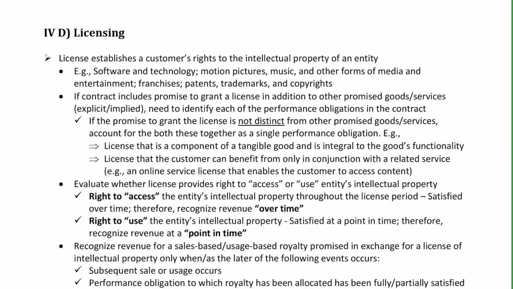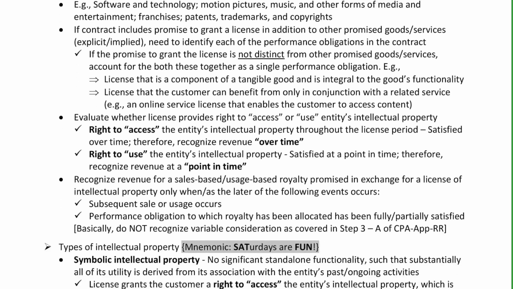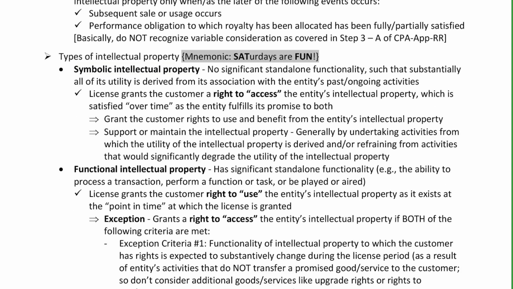Starting page 76, we're looking at licensing arrangements for intellectual property. On the second bullet there, symbolic intellectual property, where the license grants the customer a right to access, and revenue is recognized over time. Next is functional intellectual property, which has significant standalone functionality.